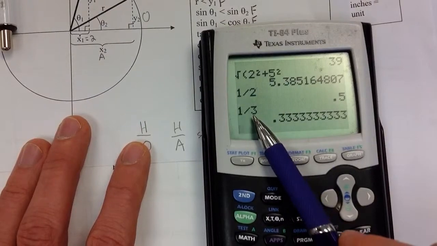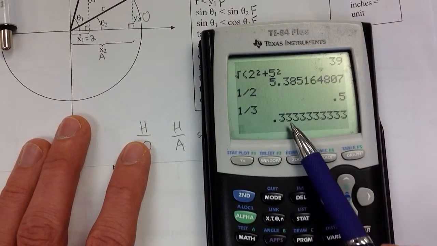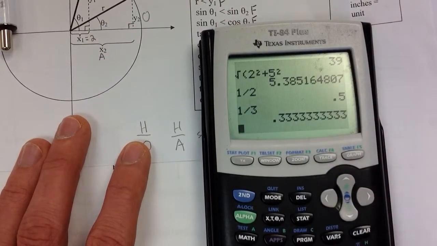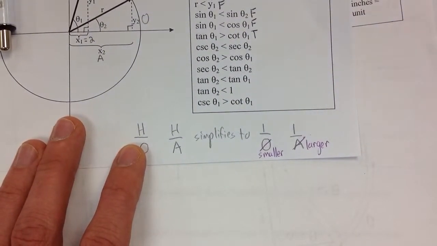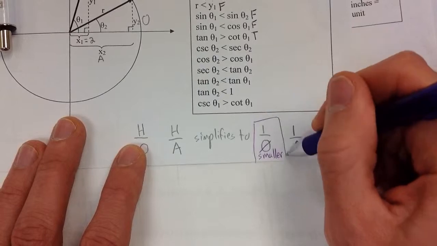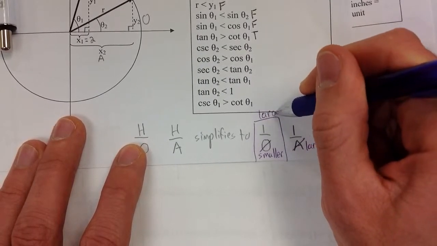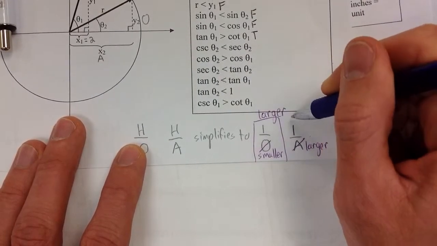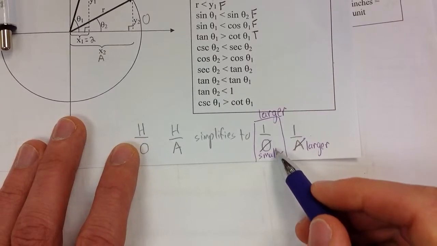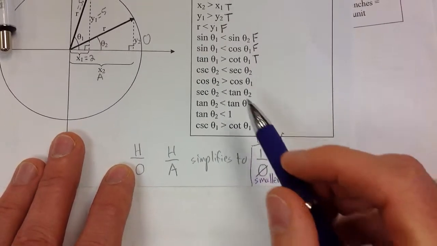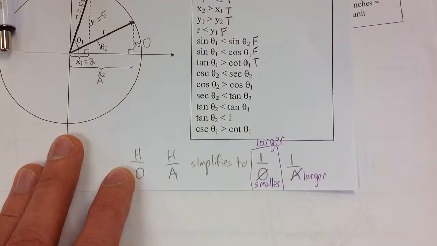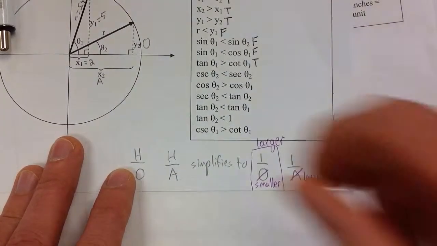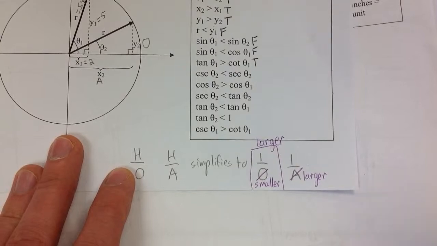The larger the denominator, the smaller the number overall. Okay. So this will be larger, and that refers to cosecant. Cosecant is larger than secant. So false. False, right?